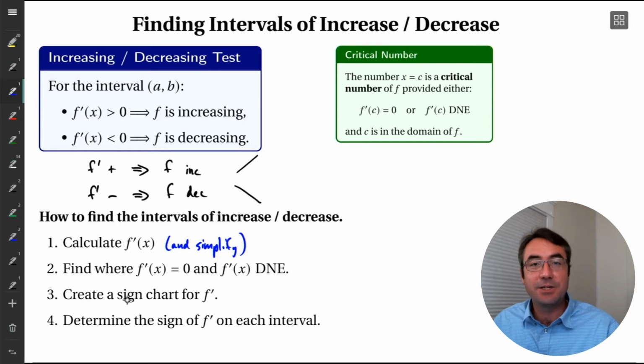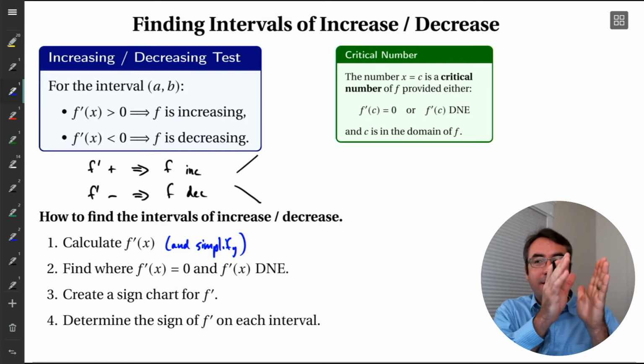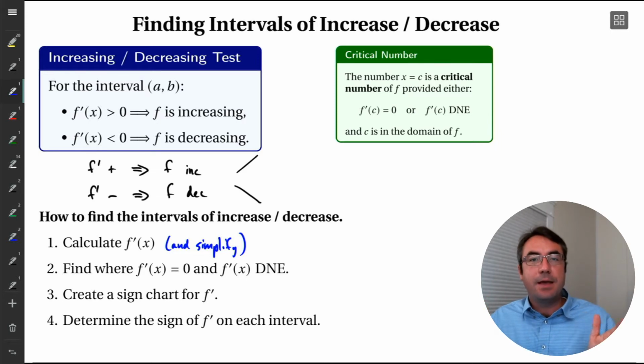Then we're going to do a sign chart for f prime. These places where our derivative is 0 and these places where the derivative is undefined are going to slice up our number line and give us the potential intervals. And then what we're doing with the sign chart is checking, on those intervals, is f prime going to be positive or negative?